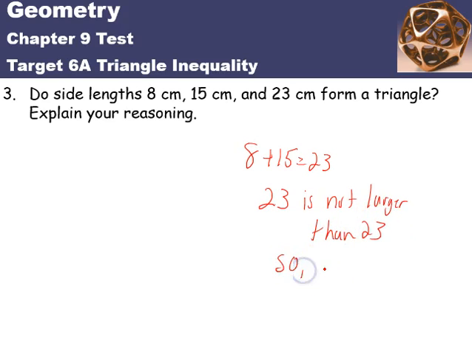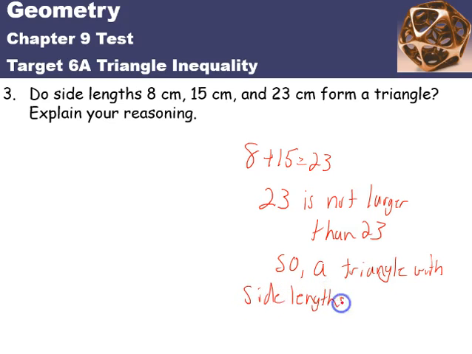So a triangle with side lengths 8, 15, and 23 is not possible.